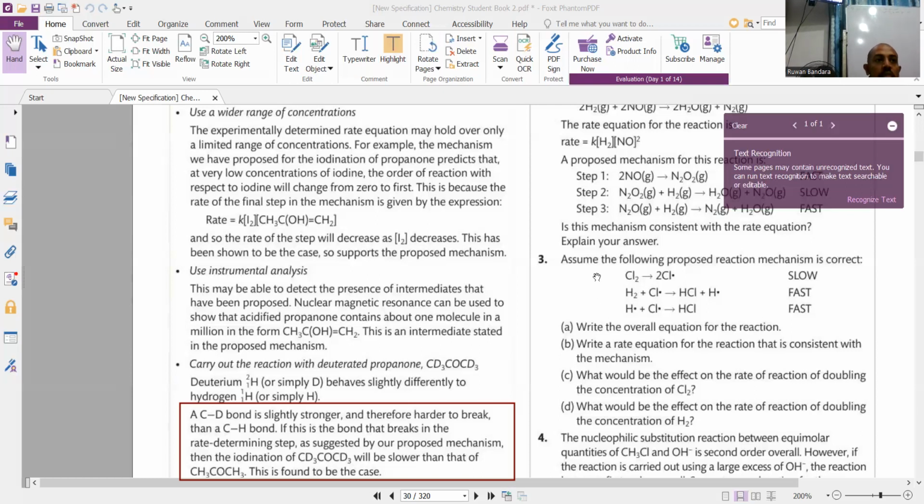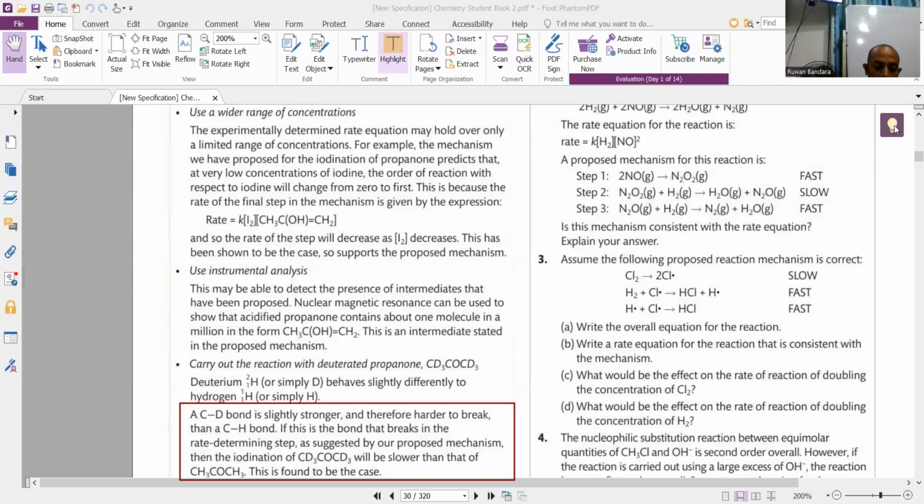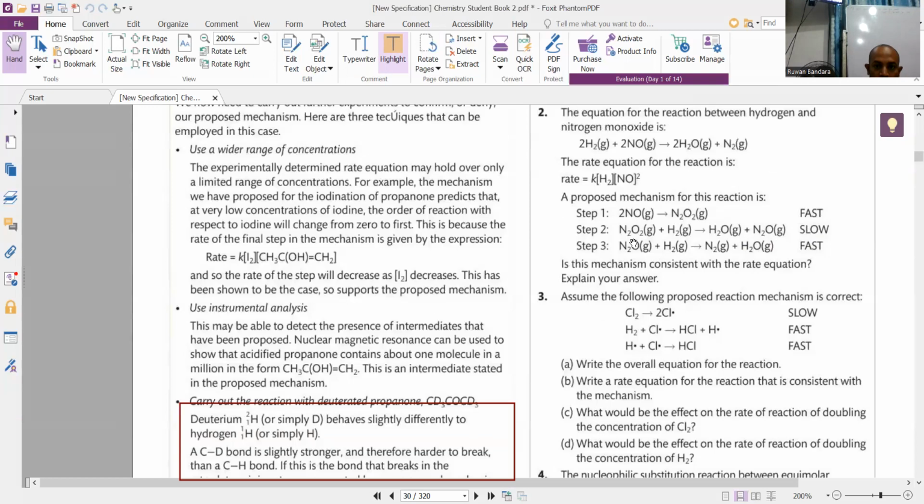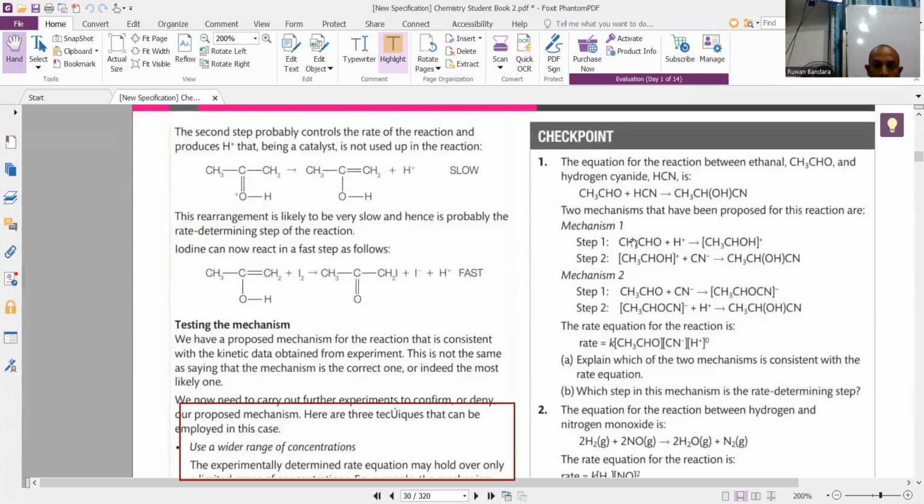Finish writing? Right. Done. Checkpoint questions. Okay. First, answer question number 1. No need to write the question.